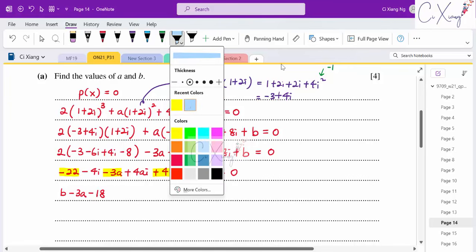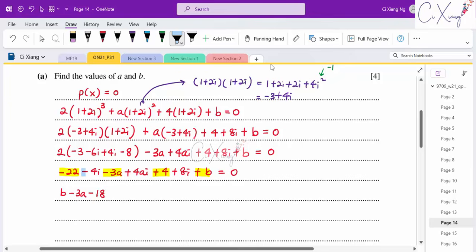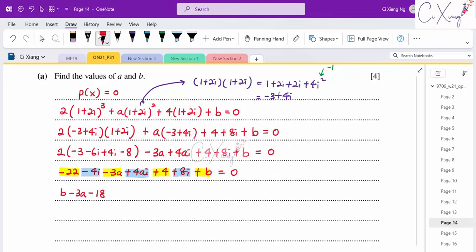After that, I want to group all the imaginary parts: negative 4i plus 4ai plus 8i. Grouping them together, I have 4a, then negative 4 plus 8 is plus 4, so (4a plus 4) times i equals 0.